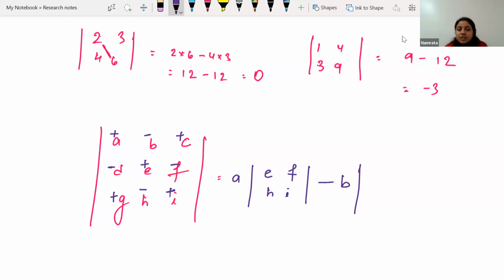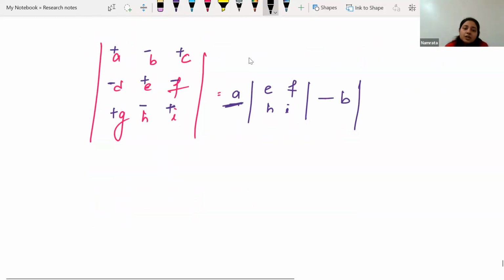Then for the remaining, please don't take the other numbers with the sign. This sign we take only with this outside number or outside value. Here A is positive, I have written A positive, and the remaining ones I write as they are, with no sign.